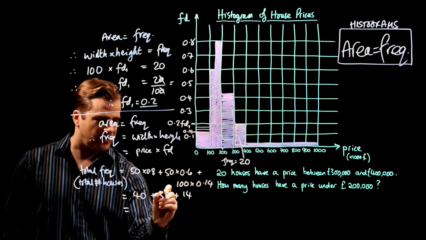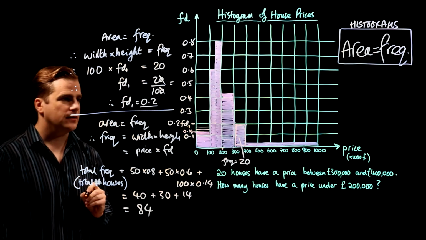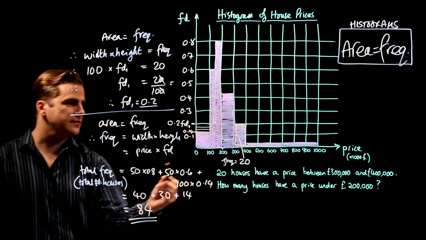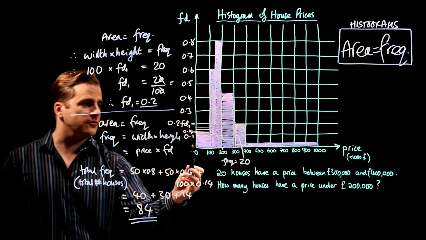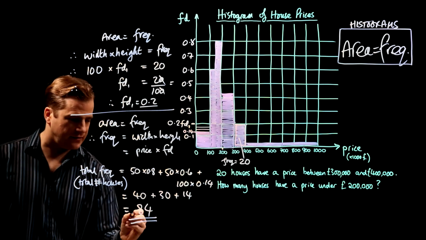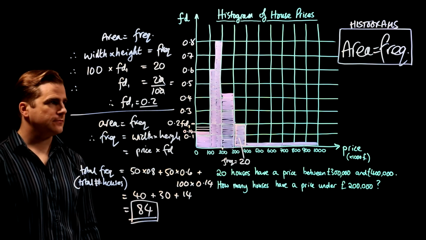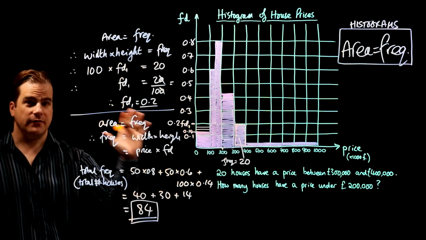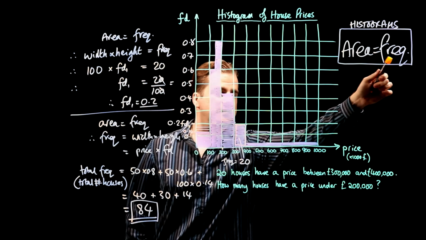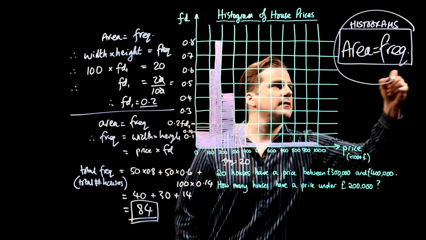So 40 plus 30 is 70, plus 14 is 84. So the number of houses with a price under 200,000, that plus that plus that, is 84. So just remember, for histograms, the area of the box is equal to the frequency. Just remember that.